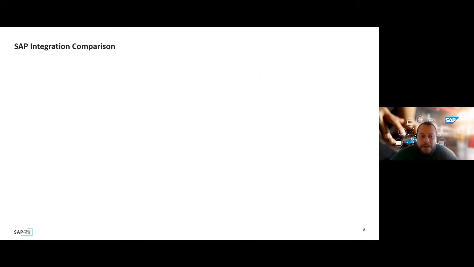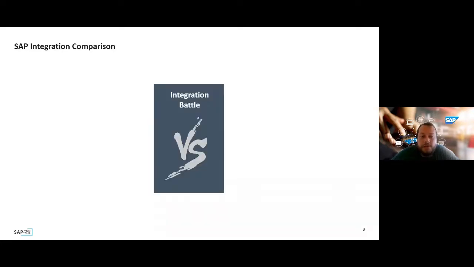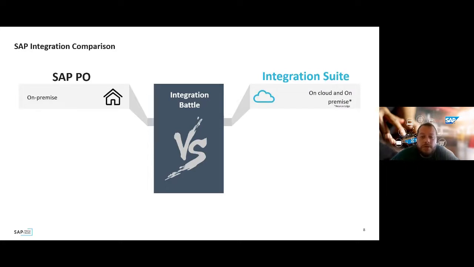Continuing, I try to bring a comparison between the two main solutions that we have, the SAP PO and the SAP Integration Suite. On one hand, SAP PO is a more focused on-premise solution, and the Integration Suite is a more cloud solution, exactly a platform as a service.